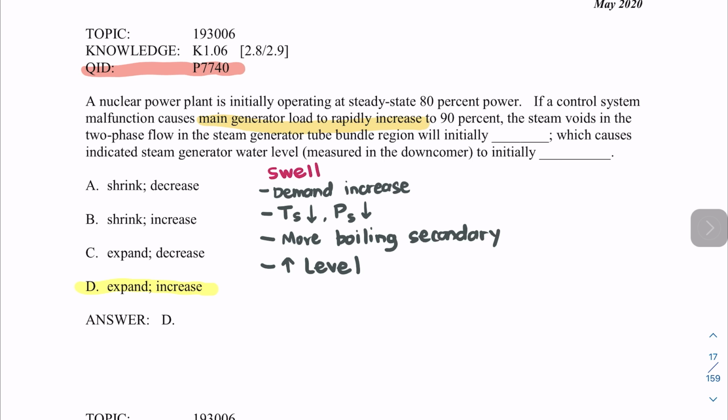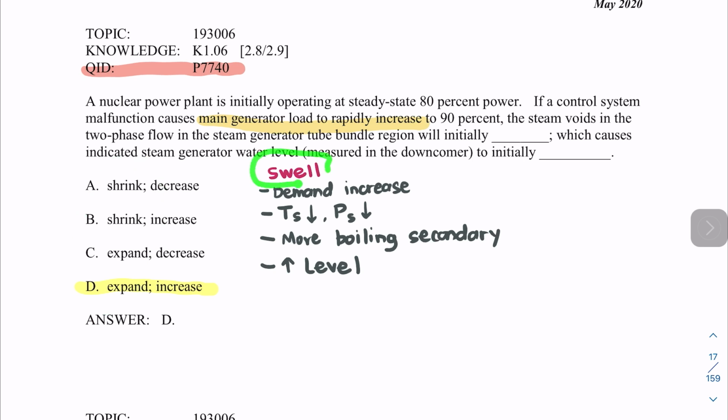It doesn't matter, it's increasing. It can increase to 90%, 95%, 100%. And it's asking, the steam voids in the two-phase flow in the steam generator tube bundle region will initially either shrink or expand.